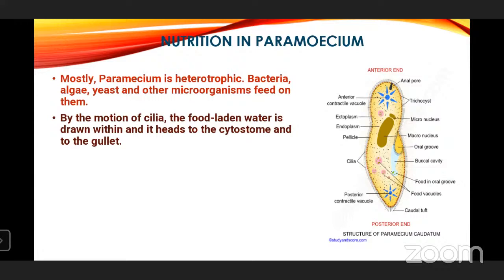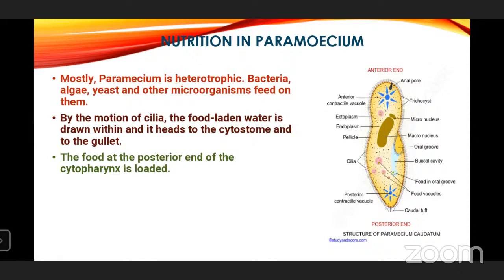The food at the posterior end of the cytopharynx is loaded. One more important point: paramecium is also a unicellular organism.